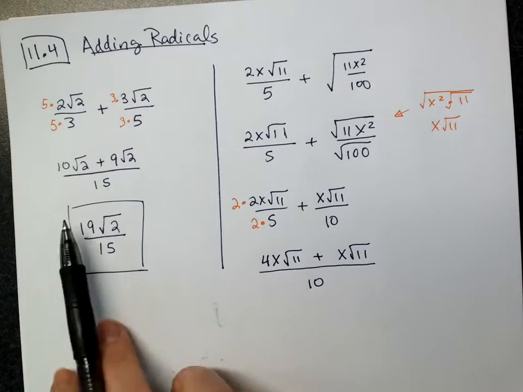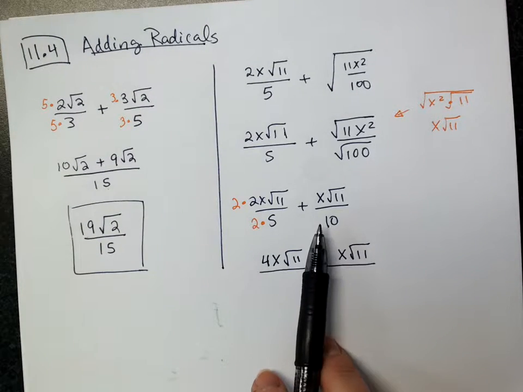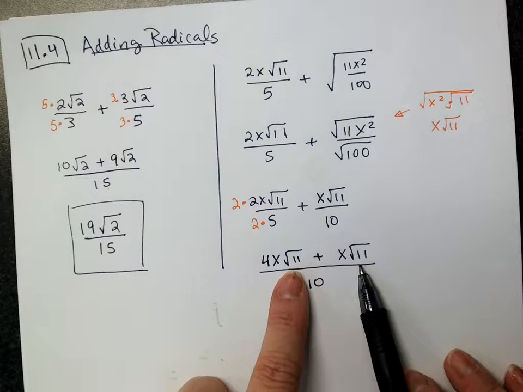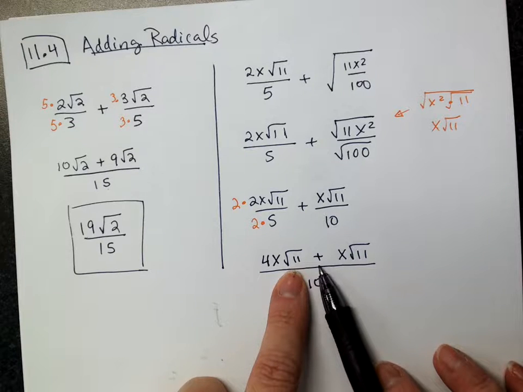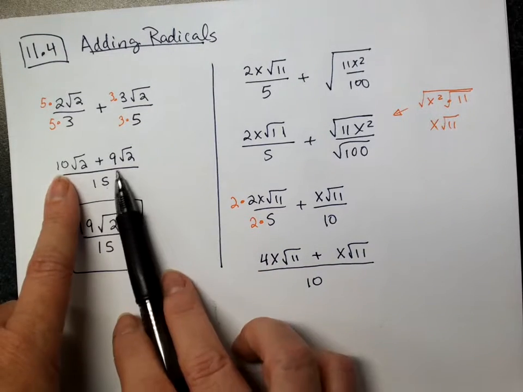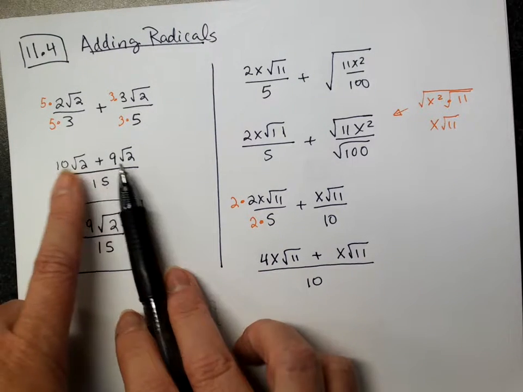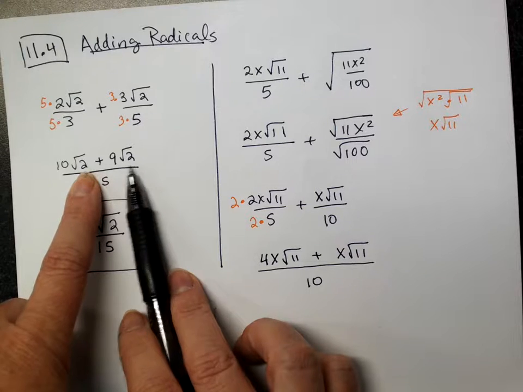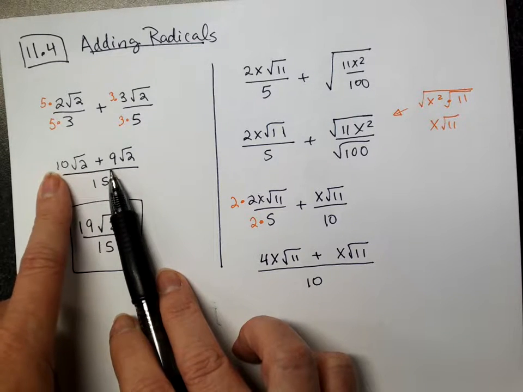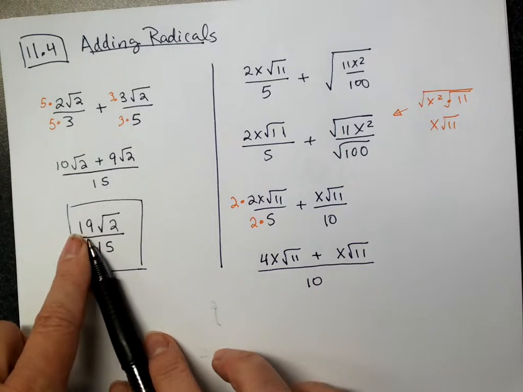As you see, unlike the last one, this one involves some variables. So you've got some more rules. First, are these like radicals? Yes, so you're going to be able to add the coefficients. But now we look at the coefficients. In this case, our coefficients were just numbers. Those are like terms. You not only have to have like radicals, but to combine your coefficients, you have to have like terms for your coefficients too. Here our coefficients are like terms, 10 and 9, add to 19.